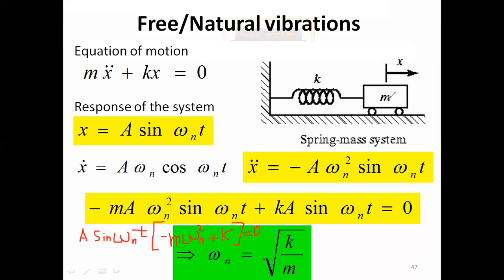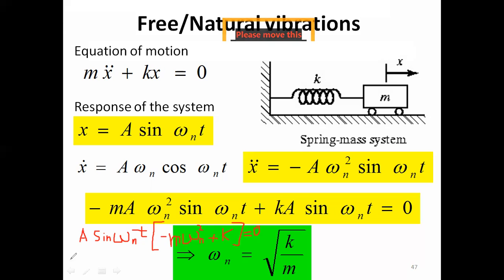At all other instances, in either direction, we would have displacement during the vibration. It would have a value. So our physics is saying that A sin(ωn t) is not equal to 0 at all times during the vibration. What does that mean?